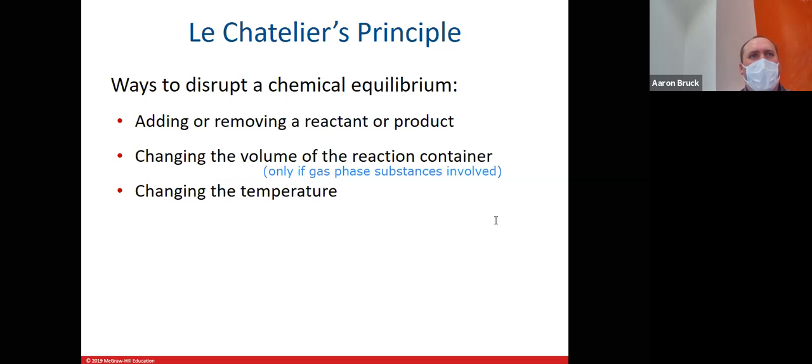If I'm dealing with a reaction in aqueous solution, changing the volume of the solution, changing the volume of the reaction container is not going to make any kind of impact. This second one only is for gas phase reactions.